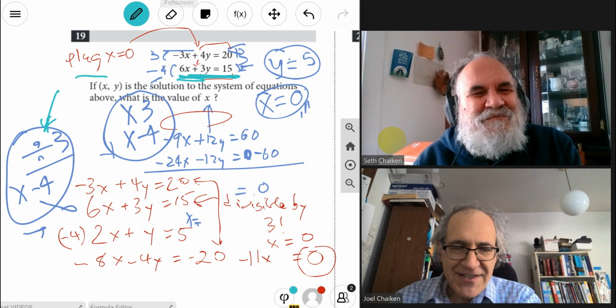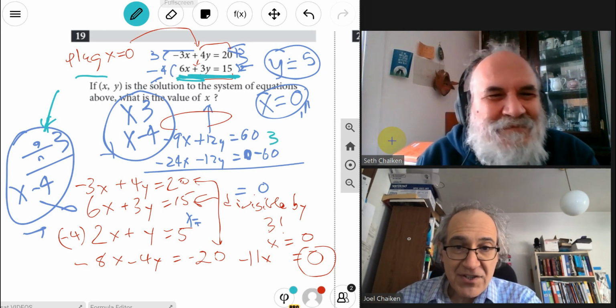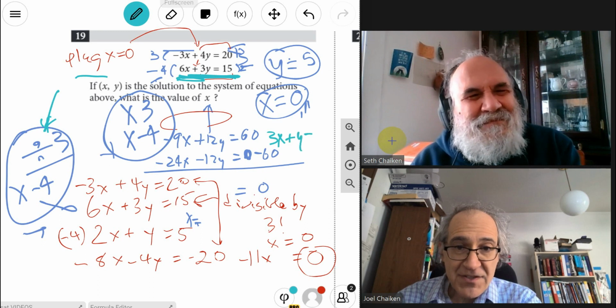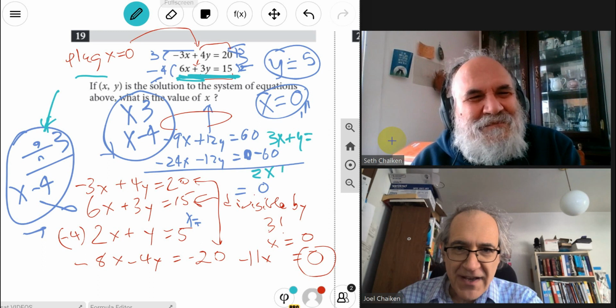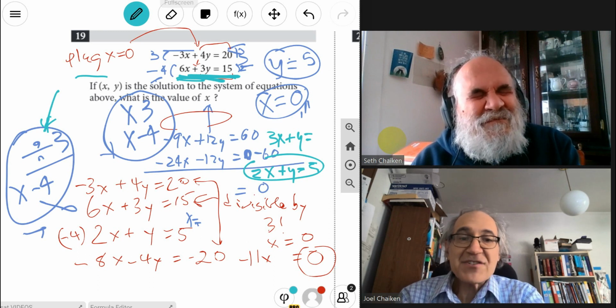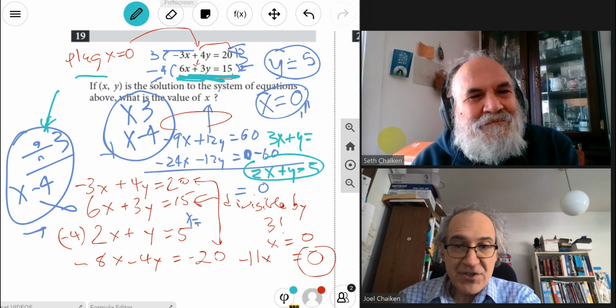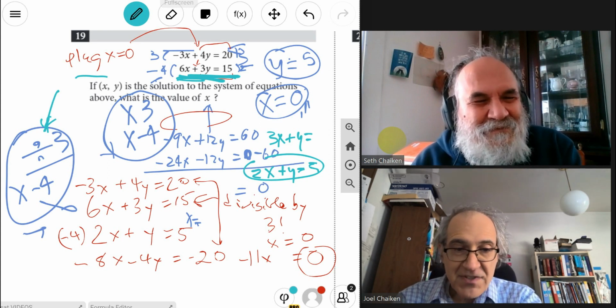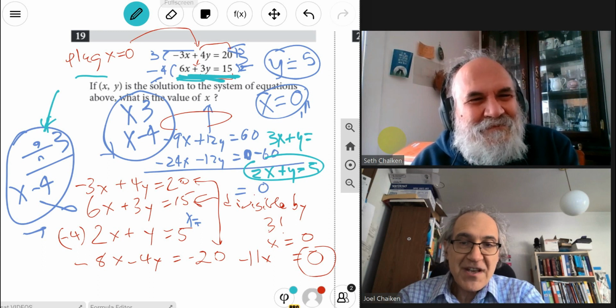If you see something like this, it really is a good idea to write this as 3 times (2x plus y), see, I made a mistake dividing, 2x plus y is equal to 5. It's a good habit to get into. When you see equations, if you can factor out a number and reduce the equation using a GCF, then that's a better way to do it.